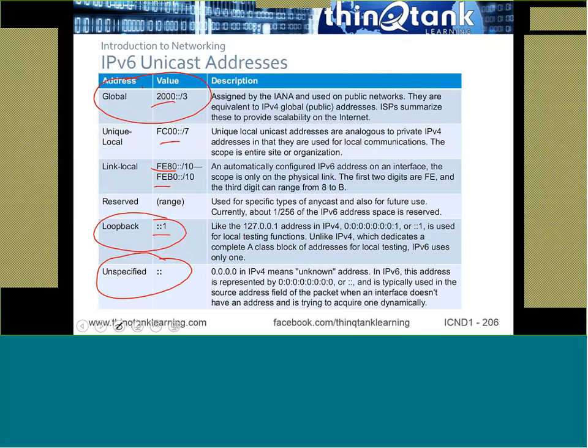But what they said in this case is, let's not allocate every single block for the internet. Let's take a small slice of that block, 2000::/3, and we're going to use that for our public address space on the internet.